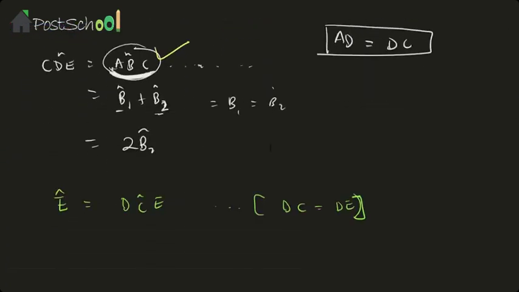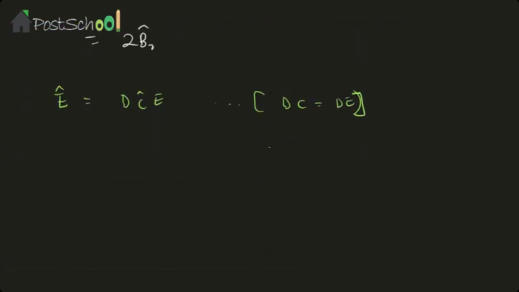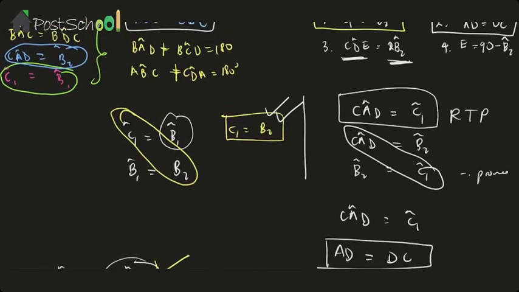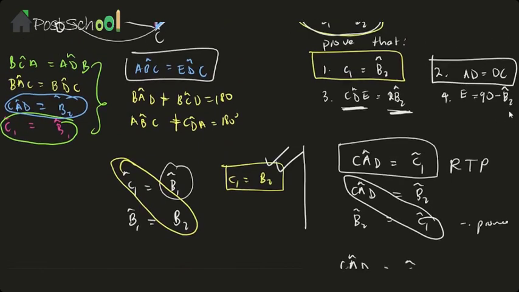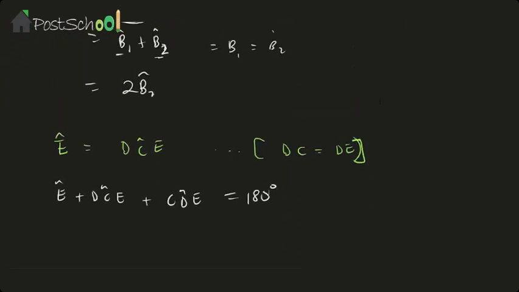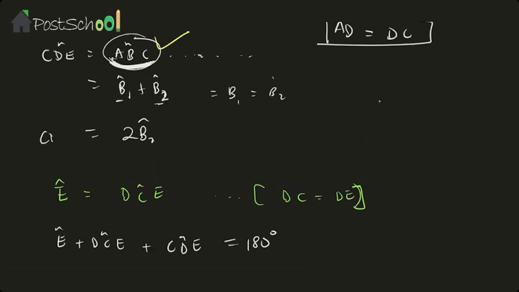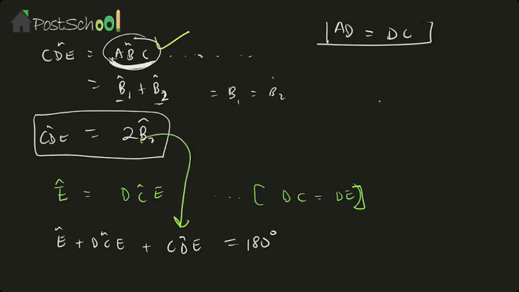So let's do just that and say E plus DCE plus CDE equals 180. Then I look at my answer, B2. I just proved that CDE is equal to 2B2, so I can put that here.